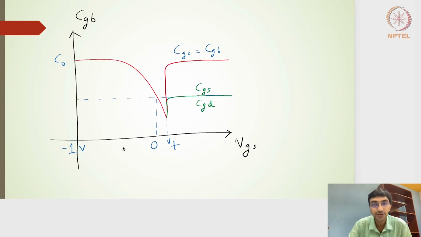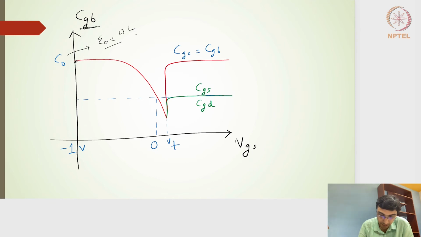If I want to put it into a graph of the capacitances, the gate to body capacitances, it will start at a negative voltage. It will start at C0, which is nothing but epsilon oxide WL by T oxide.